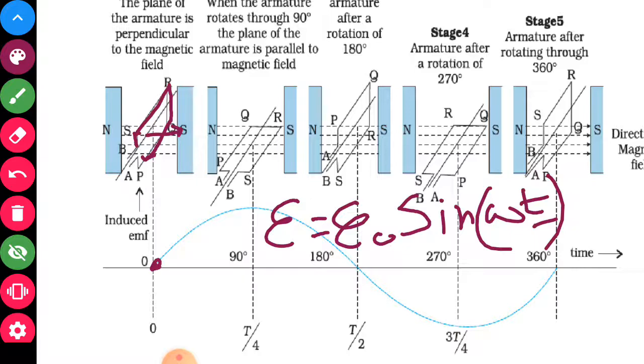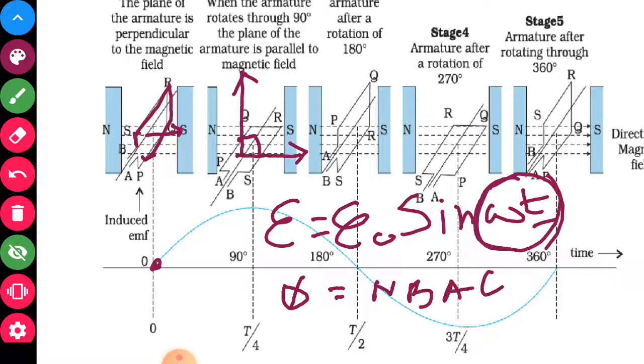Now when this angle becomes 90 degree, omega t is pi by 2, then the area vector and magnetic field are perpendicular to each other. The flux has a cos function, it is NBA cos omega t, so at 90 degree the flux becomes 0 and the electromotive force becomes maximum.